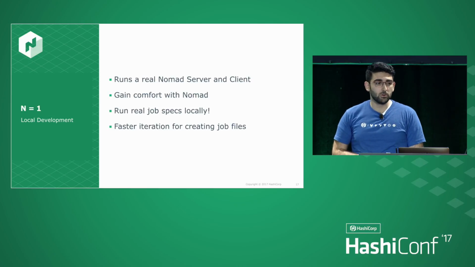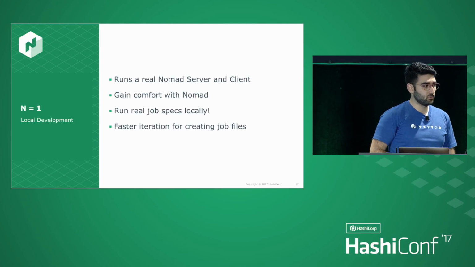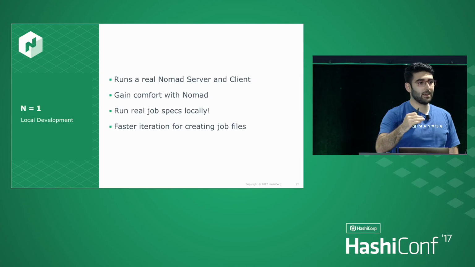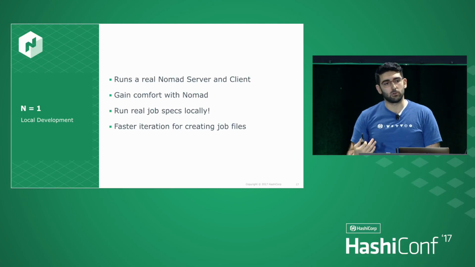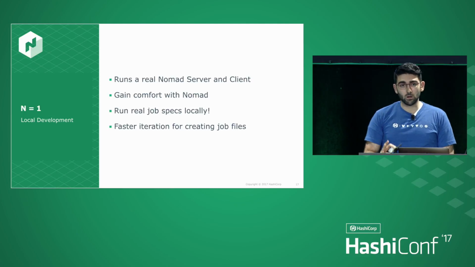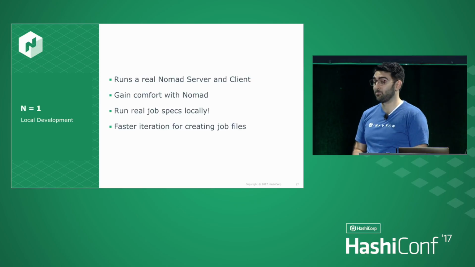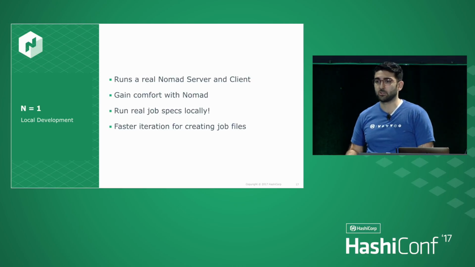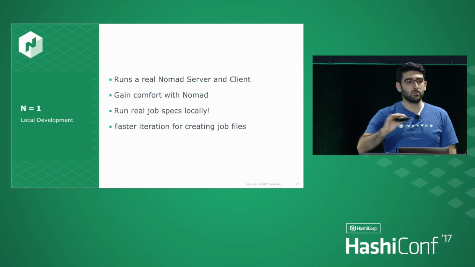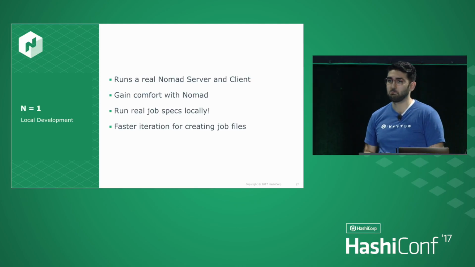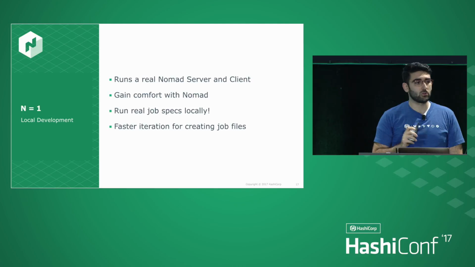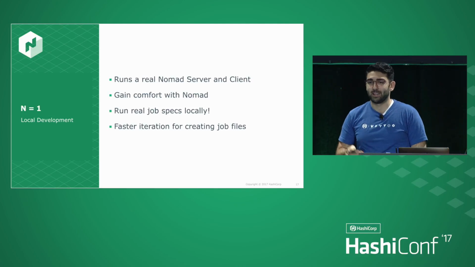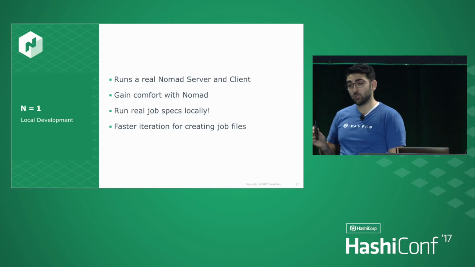What it lets you do is, when you're first learning the tool, get comfortable with it because you can interact with the client, hit every API, learn the commands. And once you are comfortable, it's really nice to use to develop the job specs you use in production and QA, because you can take the same job files, change maybe the resources to scale it down so it can run on your MacBook or whatever, and then just run it.